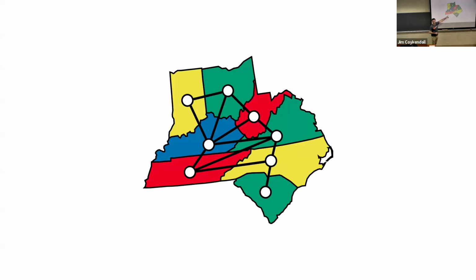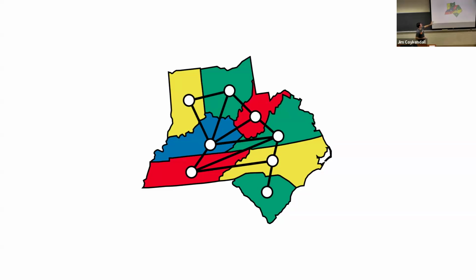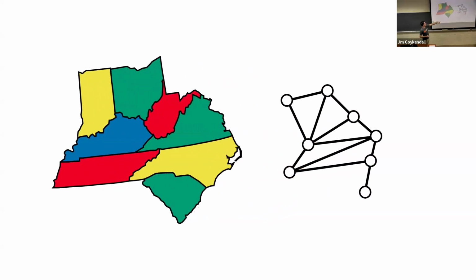You draw a node in each of the regions, connect the ones that are sharing a boundary, and let's separate this out so you can see that's an abstract version of this map. They don't really look the same, but this has the essential information. It just tells you what the regions are, and which ones are touching.